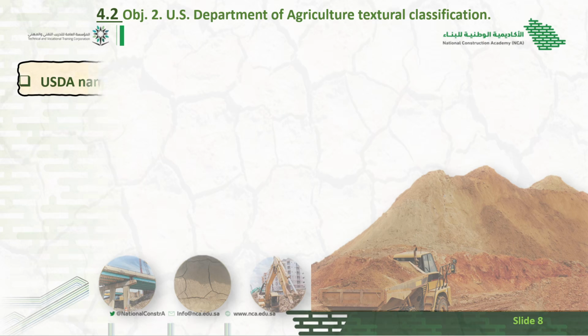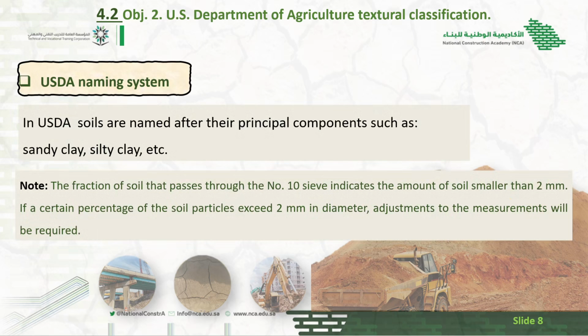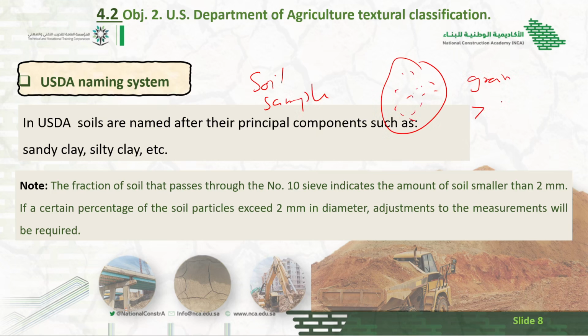So now we are going to try a question. There is one rule in this. If we take a soil sample, it is possible that some of the grains or particles have a size of more than 2 mm.